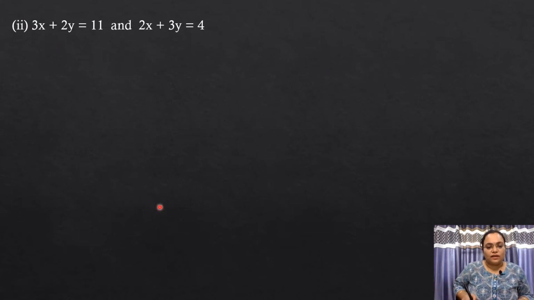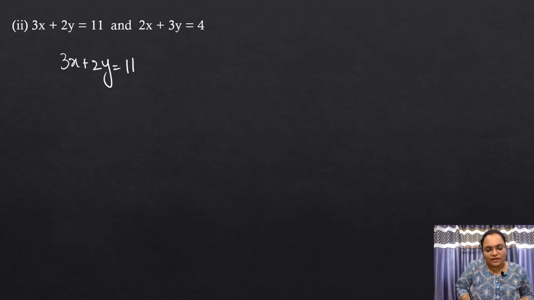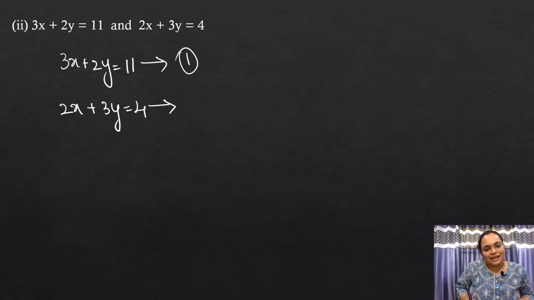Now let us solve the next problem. 3x plus 2y equals 11 is your equation 1, and 2x plus 3y equals 4 is your second equation.